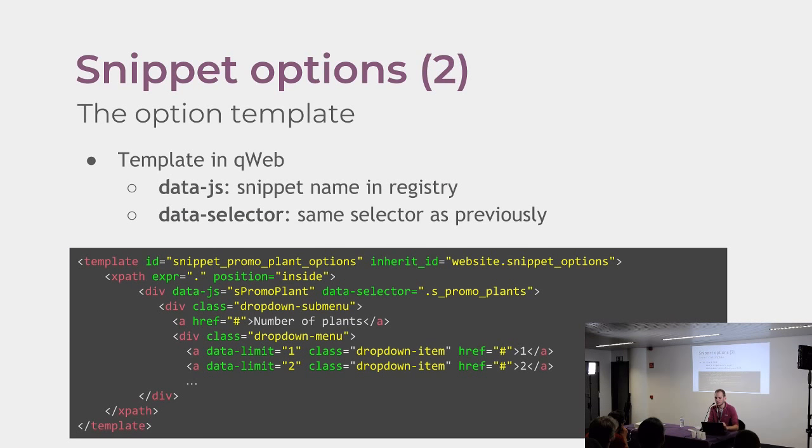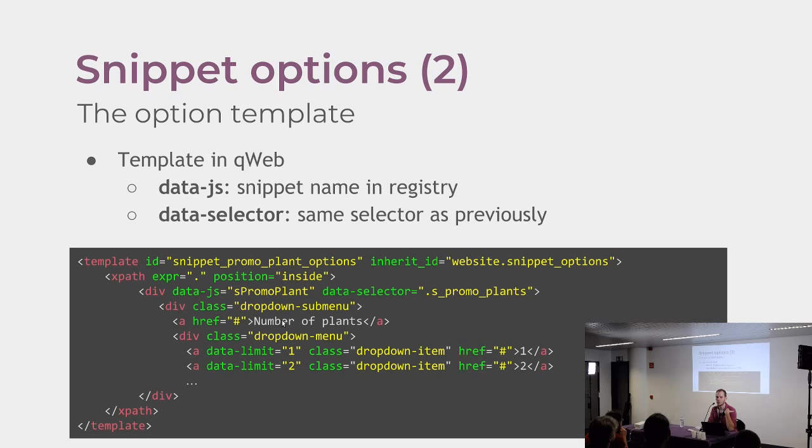To do so, again, a bit of QWeb and a bit of JavaScript to describe the behavior. Here, the option is mainly a QWeb template. I won't enter into the details, but basically it's just a drop-down menu. We use Bootstrap here to describe the HTML.